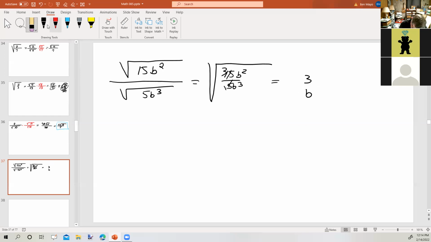Now, what I want to do here is just make this a little smaller. Okay, so do you see how I got to the square root of 3 over b?